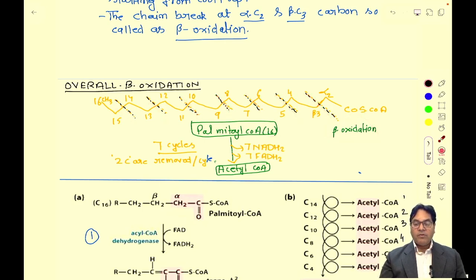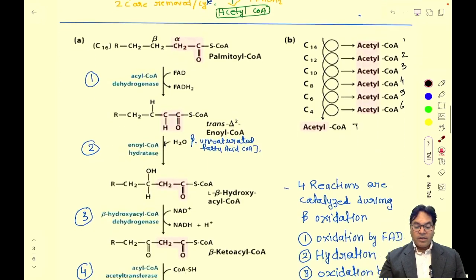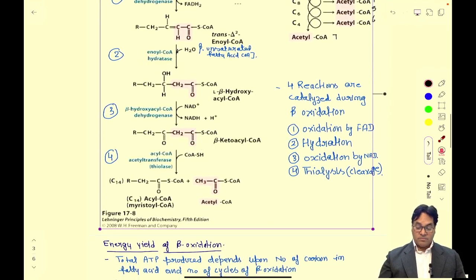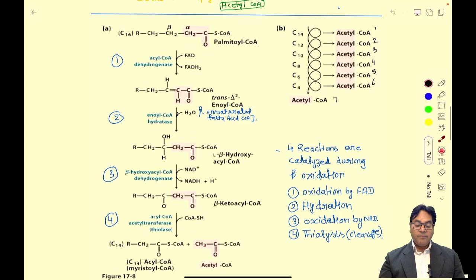So as a rule, the number of carbon atoms decides the number of cycles. Now here I have shown you the exact cycle.